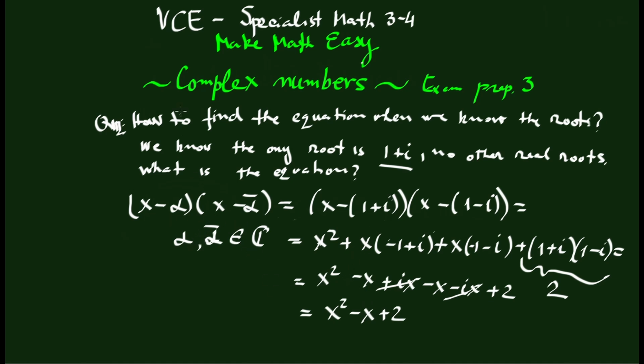For the complex roots, let's prove this equation. So x squared minus 2x plus 2 equals 0.